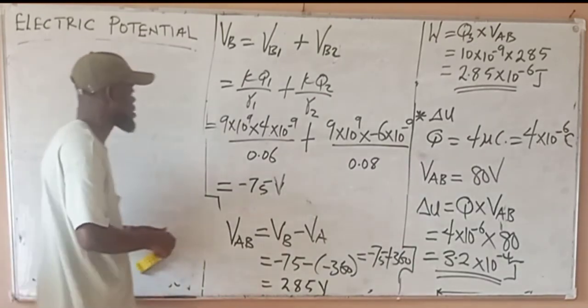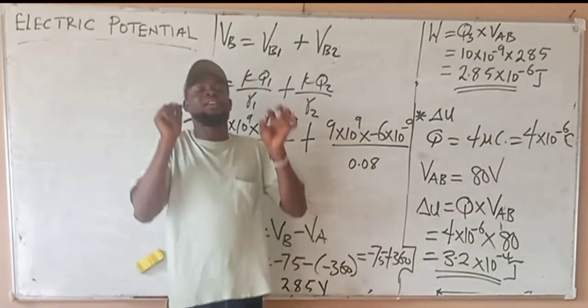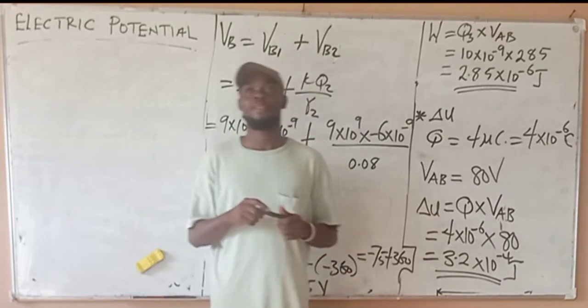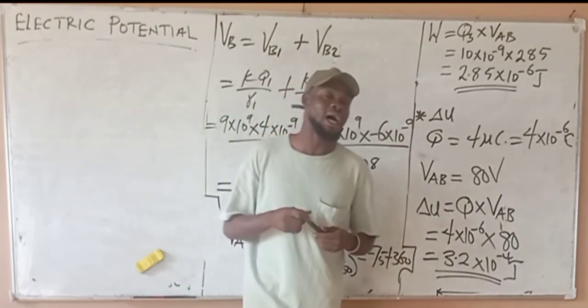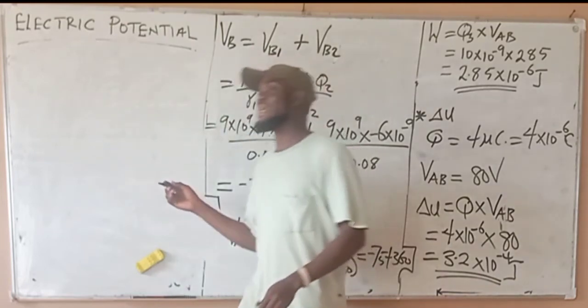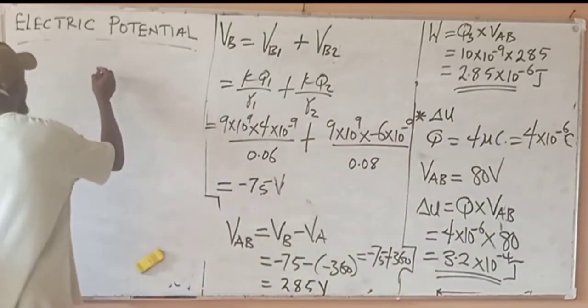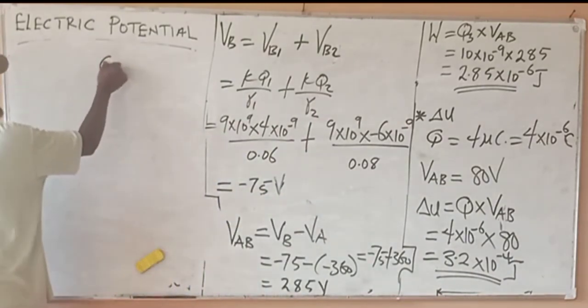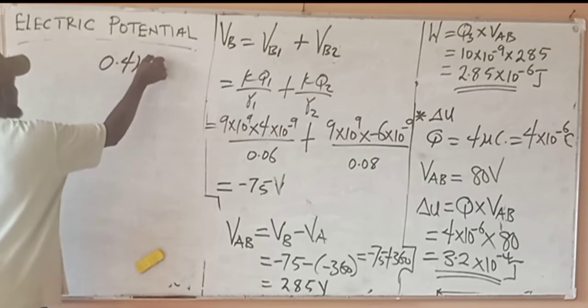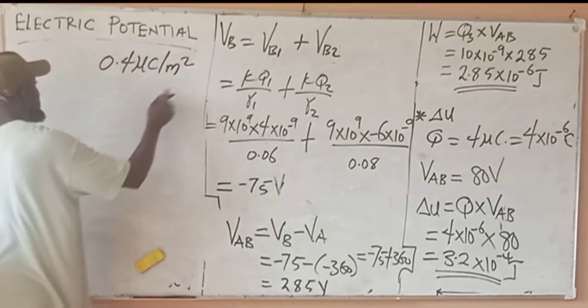An infinite sheet of charge holds a surface charge density of 0.4 microcoulomb per meter square.